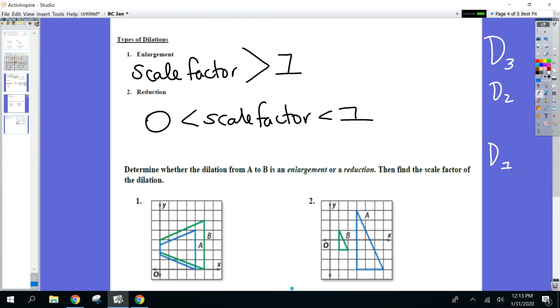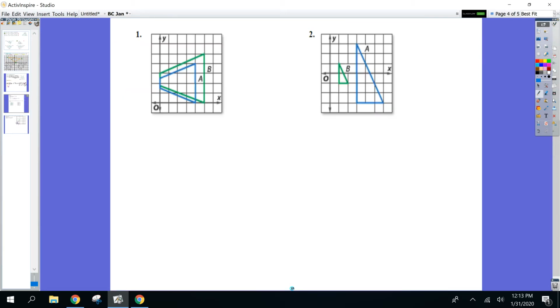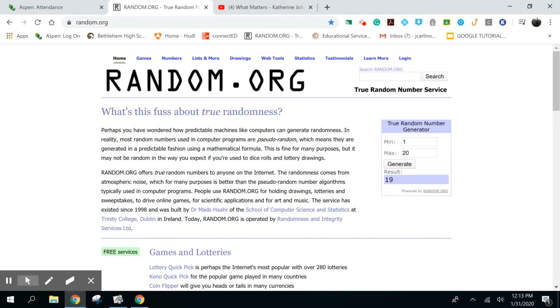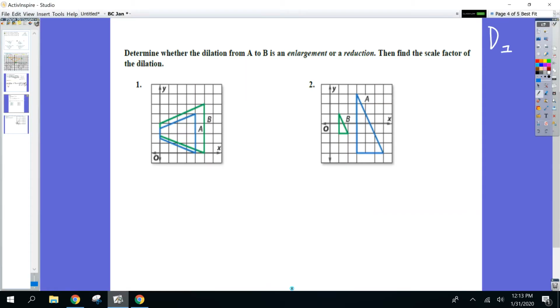All right, so let's test our knowledge here. Enlargement, reduction, and then I'm going to have you find the scale factor for me. So real quick on number 1, we're going from figure A to figure B. Is that an enlargement or a reduction? That is an enlargement. And then what I'd like you to find is the scale factor.